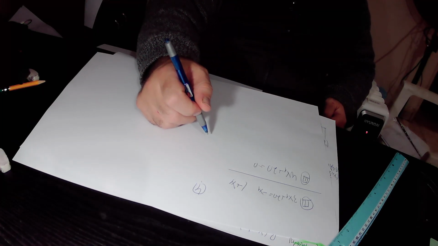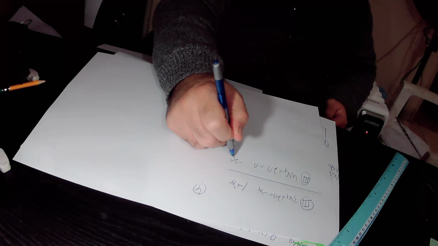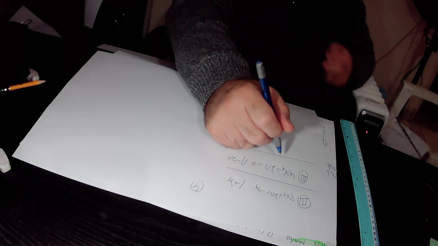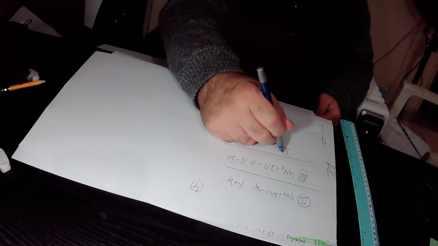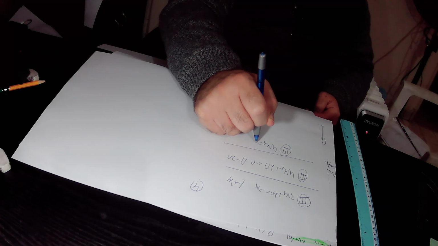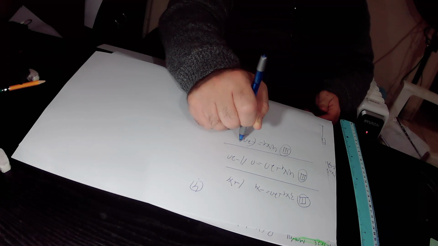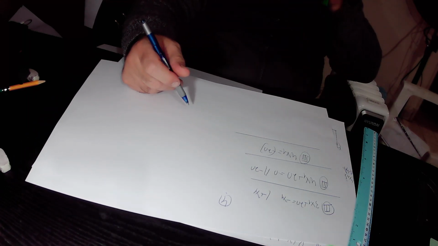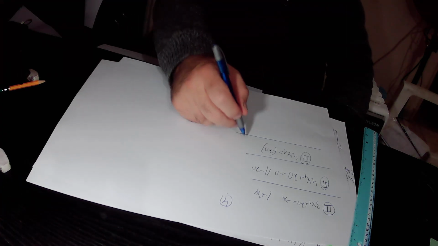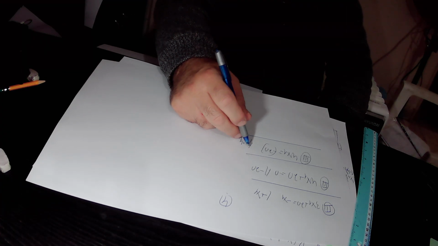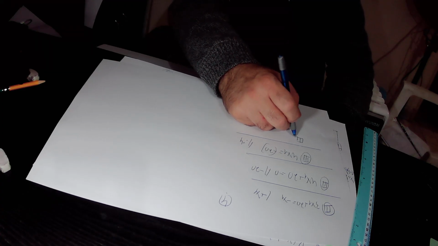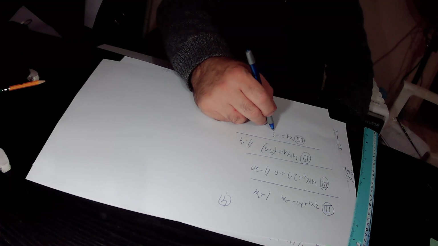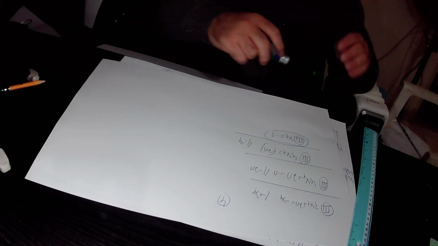Here we subtract 20 from this equation, and we get that according to equation 3, 4x1 equals minus 20. Here we divide this equation 3 by 4. And we get that 4x1 over 4 is x1 equals minus 20 over 4, which is minus 5. So x1 equals minus 5.